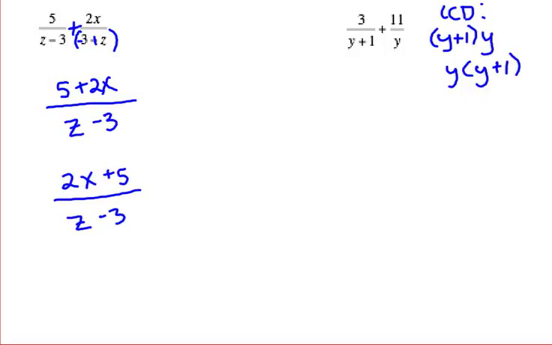So now I'm going to look at my first term and say what is missing from my LCD, and that of course is the y. So I multiply the top and the bottom of this equation by y. Y over y is 1. I haven't changed the value. Over here, what's missing from that denominator is the y plus 1. Let me just erase out our LCD here. Don't forget that it's there though. I just need space to write.